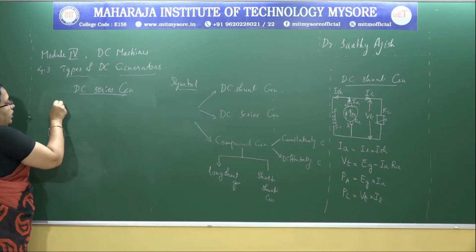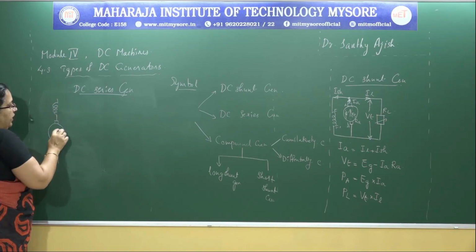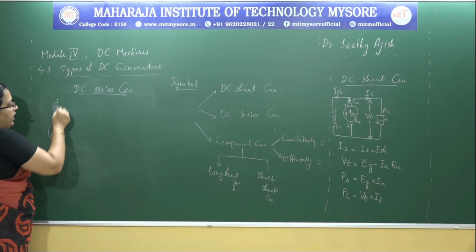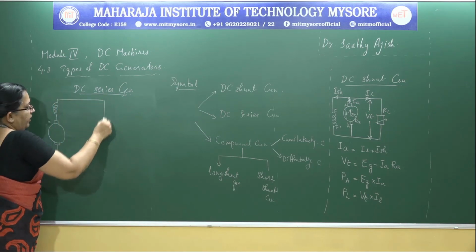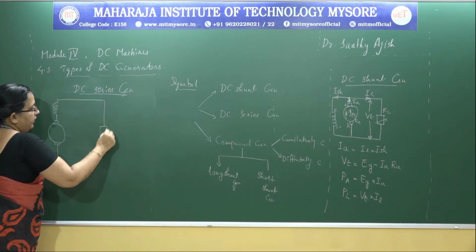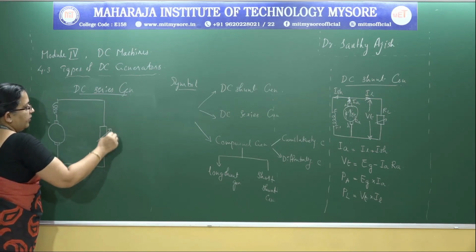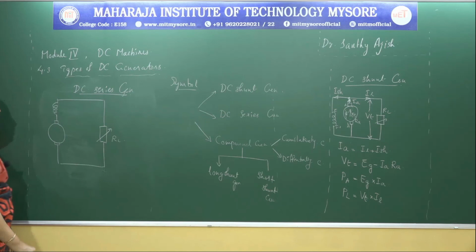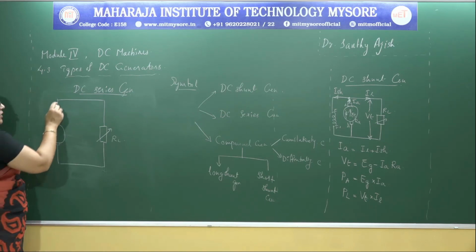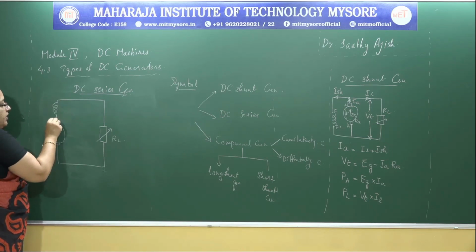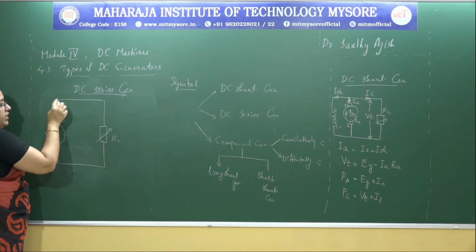So now here the winding will be connected in series with the armature winding and the load will be connected across that. So this is the load connected, and so I can mark this current as IA, and this is same as the field current because it's a series connection.